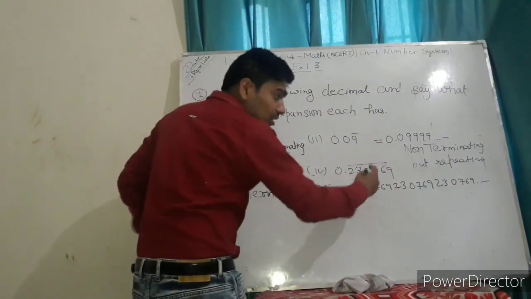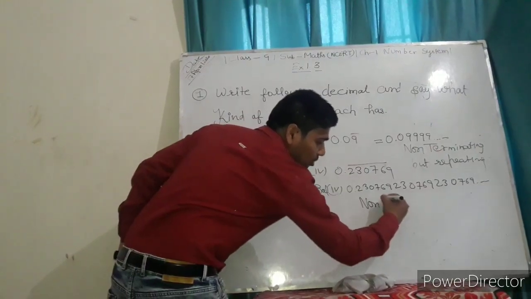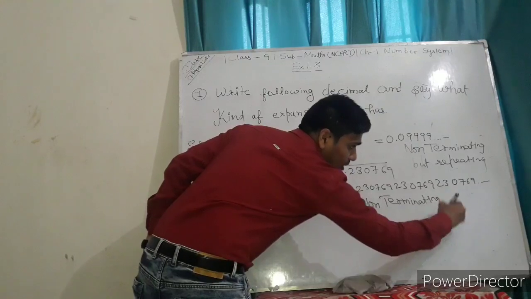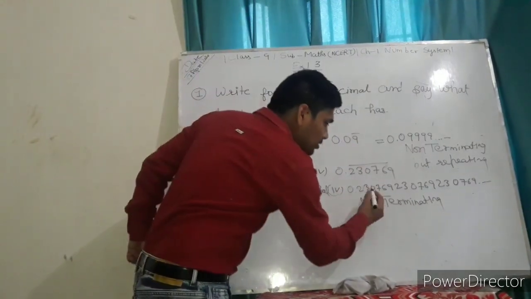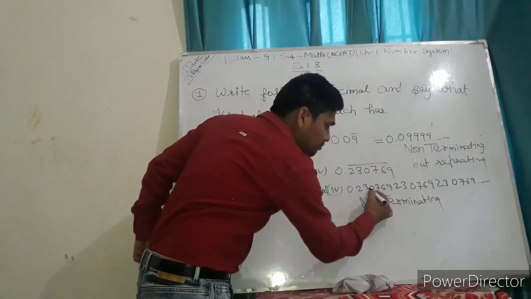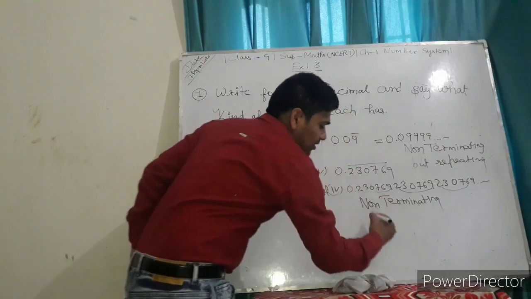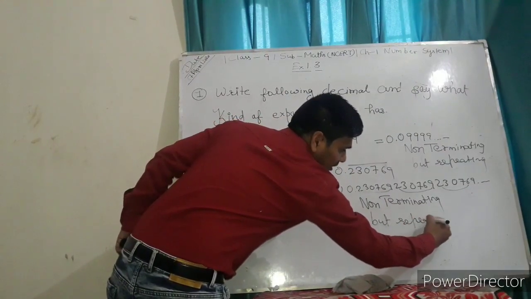Now if the number is like that, it is again non-terminating, because it is not stopping itself. But there is also a repetition of this block. So it is also non-terminating but repeating.